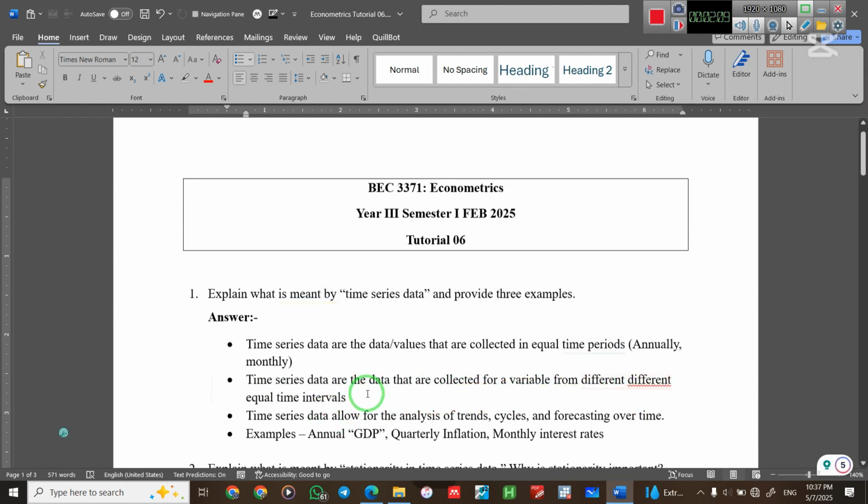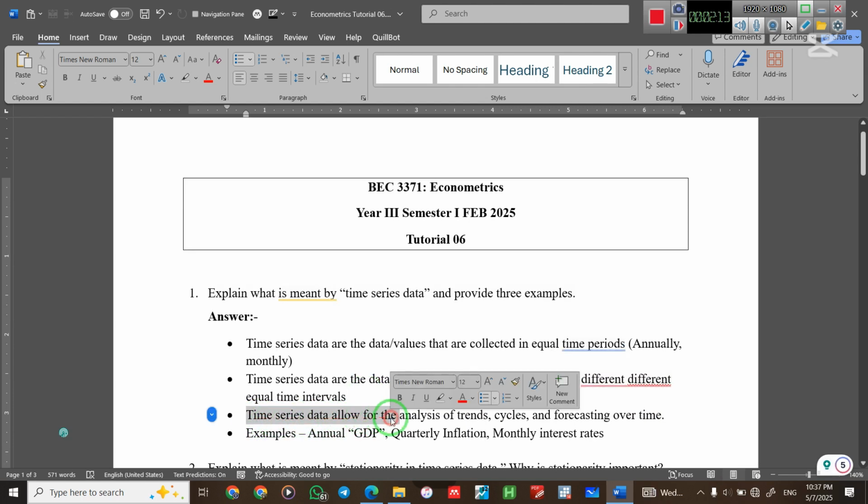Time series data allow for the analysis of trends, cycles or forecasting over time. So based on the time series data that we have, we can forecast what will happen in the future. There are three examples given in the answer: annual GDP, quarterly inflation, and monthly interest rate. Likewise, you can identify any examples like this.